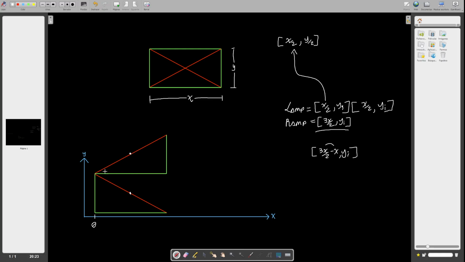I'm going to put them again, one over the other, but you know that this vertical coordinate here is going to be twice y, right? And this one here is going to be y. Why? Because both of their lengths are y.